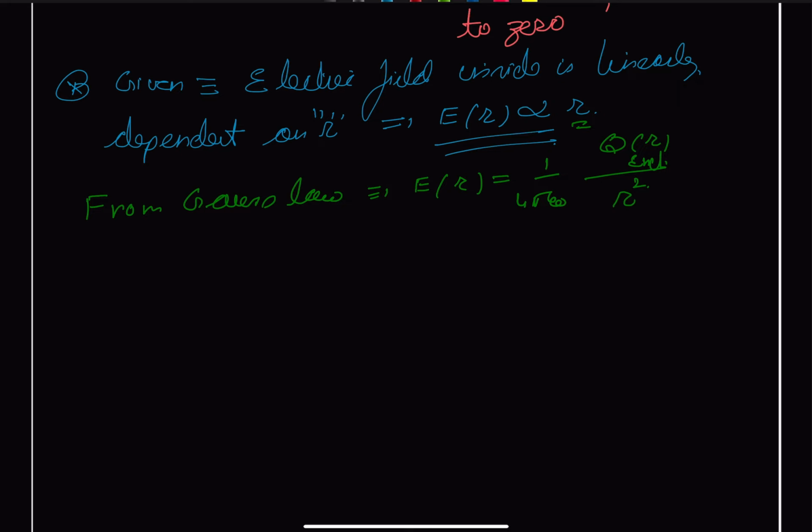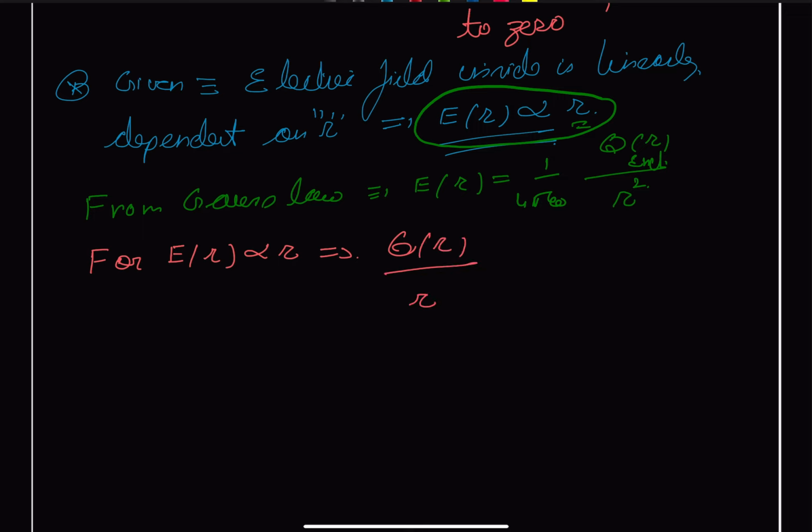But for the condition that our electric field is directly proportional to r, we can write that E of r is directly proportional to r, therefore Q of r divided by r square is proportional to r, or we can write Q of r is proportional to r cube.